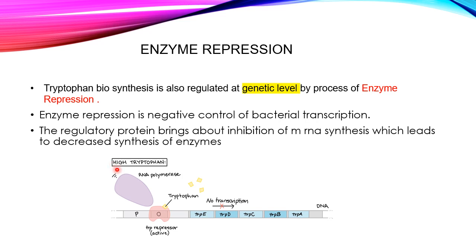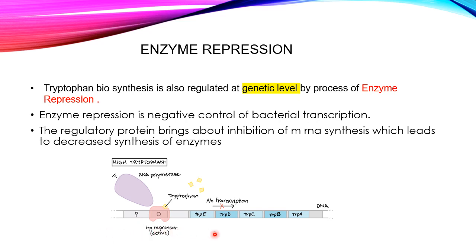So what does the tryptophan do? The tryptophan will bind to the repressor protein. It makes the repressor protein active, and this repressor protein will bind to the operator region. When it binds to the operator region, the RNA polymerase cannot bind to the promoter region.